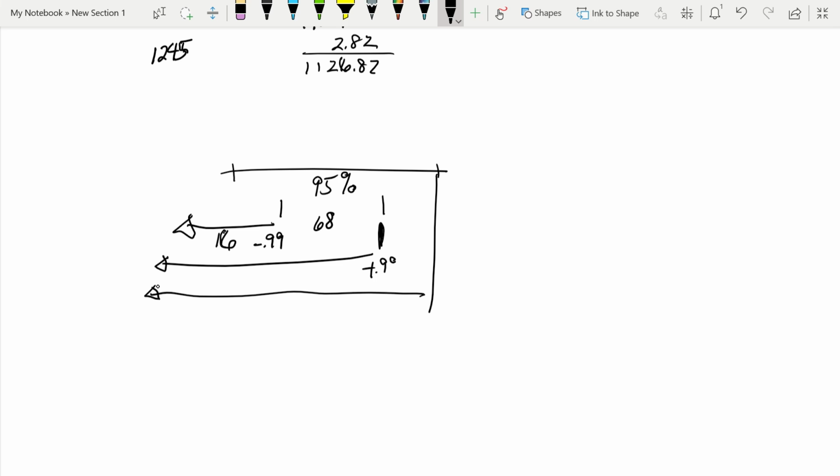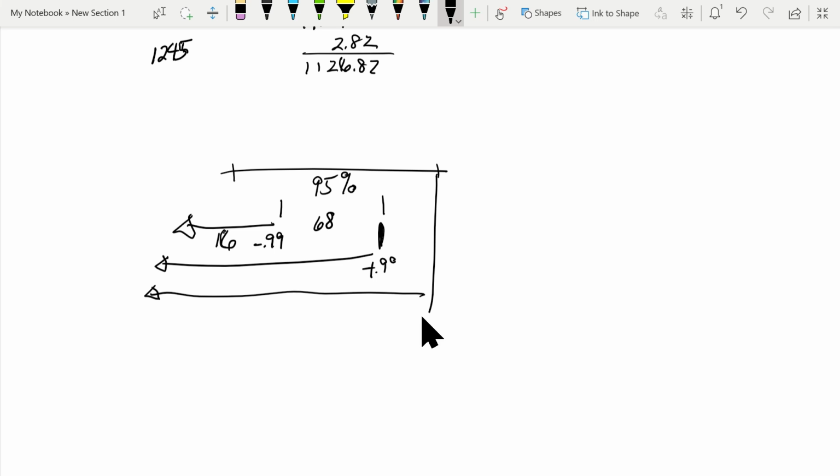This is 95%. How much is outside? 5. How much is half that? 2.5. So I have 2.5 here outside of this, add it to the 95.